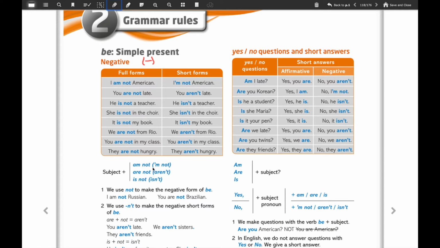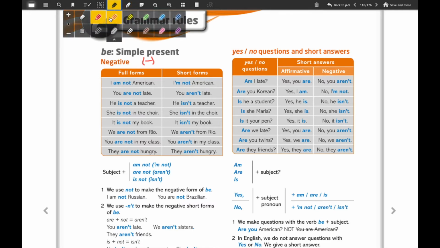Okay, I am going to explain this in a little bit more detail. You can ask, what is a subject, miss? A subject are the words that, for example, I am going to use this orange. So, what is a subject?